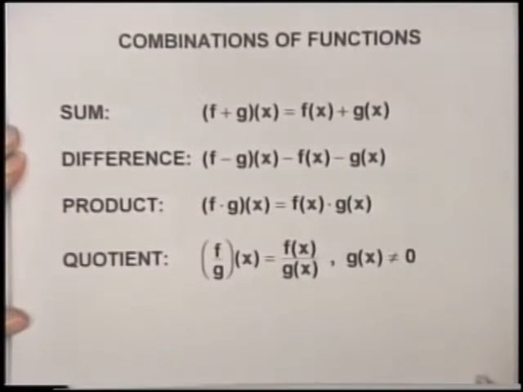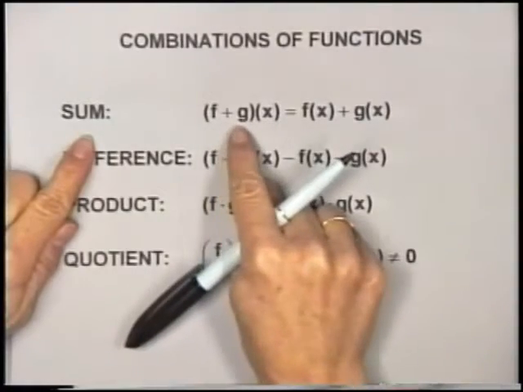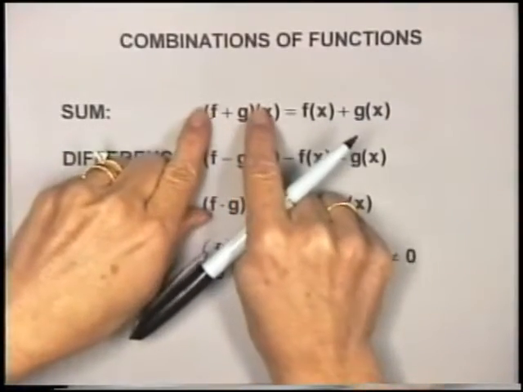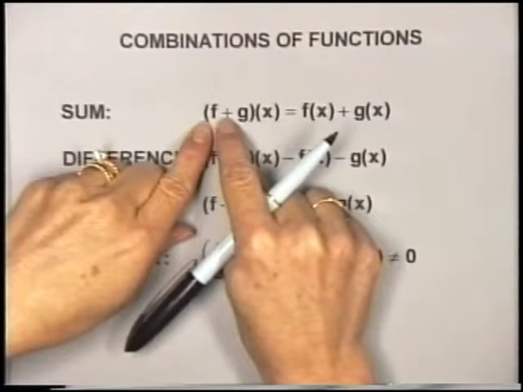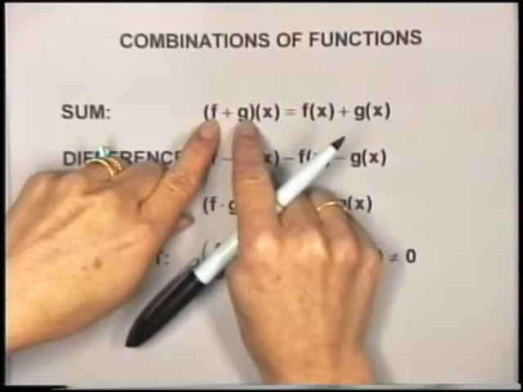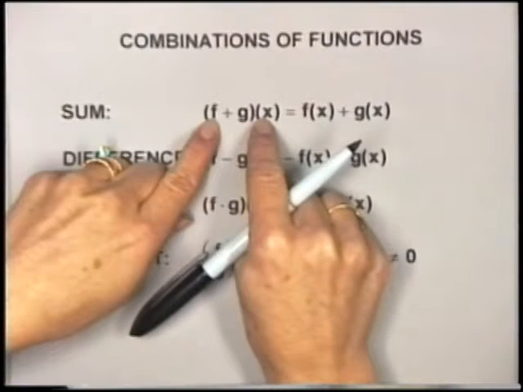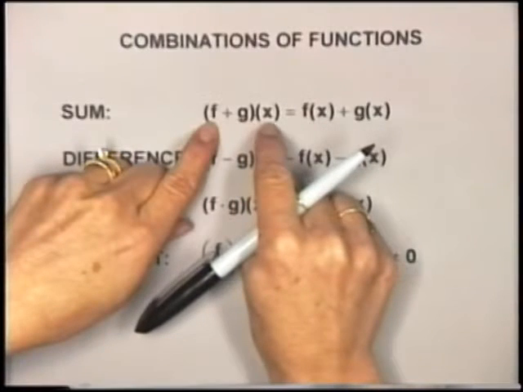Combinations of functions. The sum of two functions can be written with this notation. In this parenthesis, we have f plus g. This is indicating that we're adding two functions, one function identified with the letter f and the other function identified with the letter g. We still read this f plus g of x.